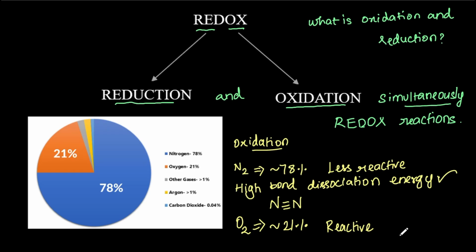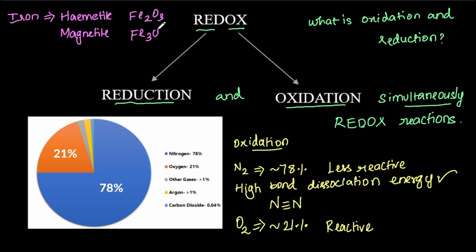This is the reason why most of the metals exist in their oxide forms in their ores. For example, iron exists as hematite, that is Fe2O3, or magnetite, Fe3O4. These are the iron ores.